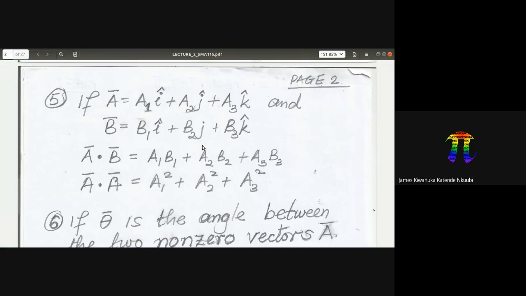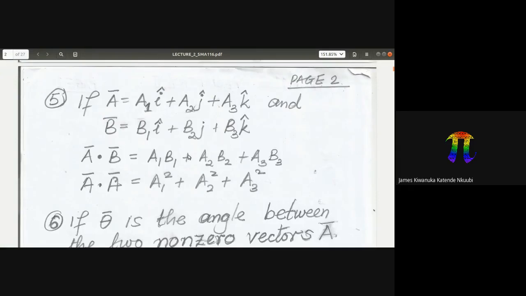So there are two ways you can compute the dot product. One is the original formula, which requires you to get the magnitude of the two vectors, multiply them, and multiply by the cosine of the angle between them. But we already know how that works with i, j, and k.